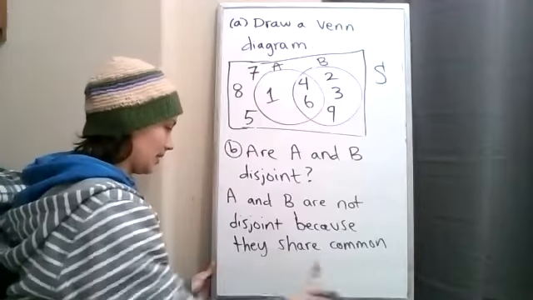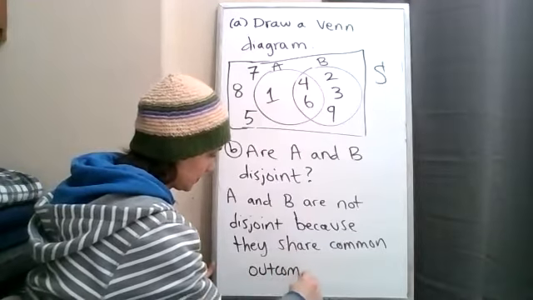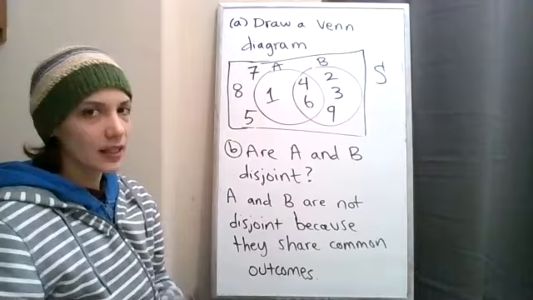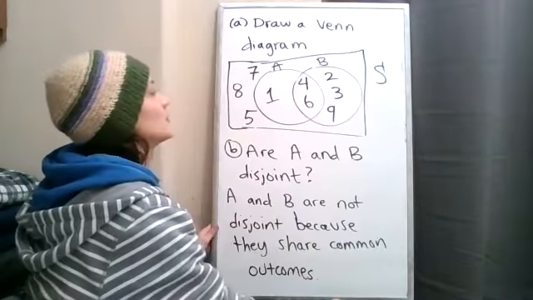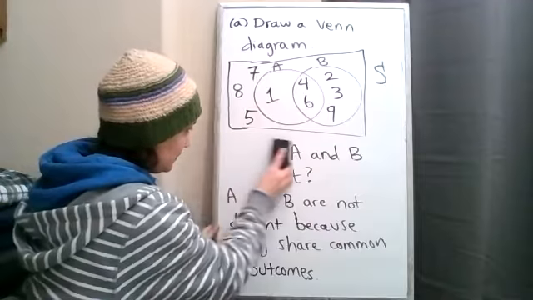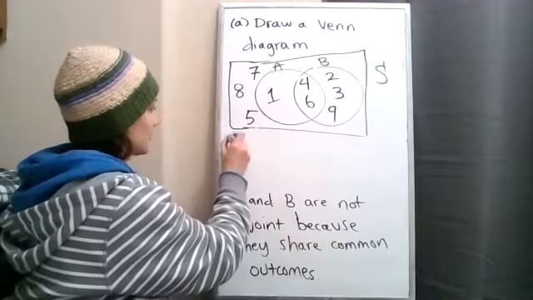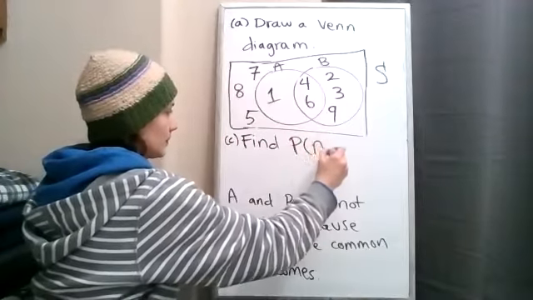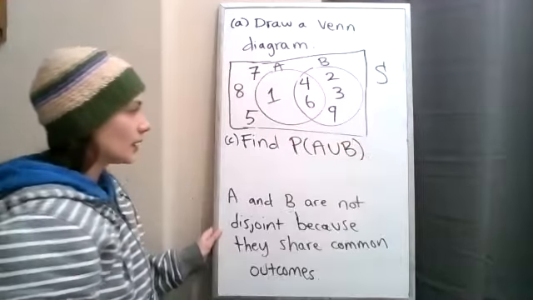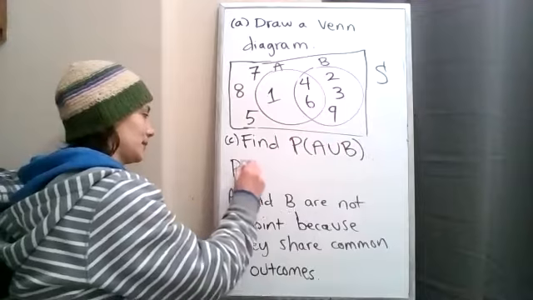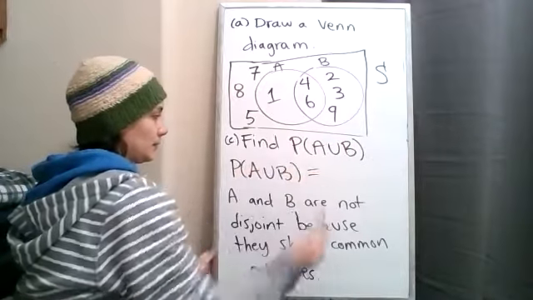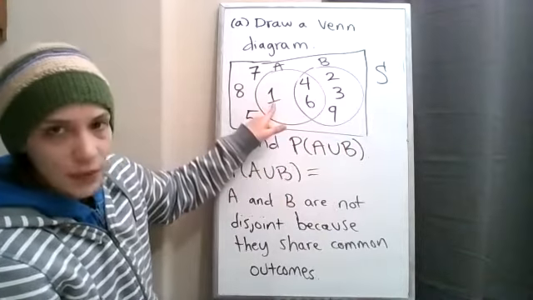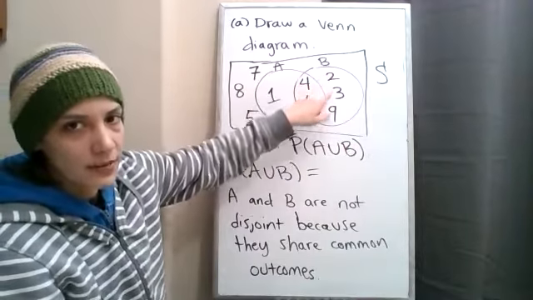Find the probability of A union B. So it would be the number of elements in A or B, which is both sets together. 1, 2, 3, 4, 5, 6 elements.